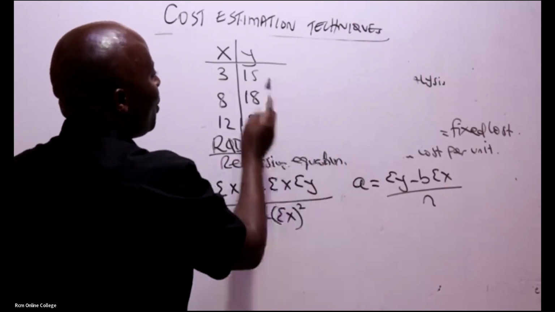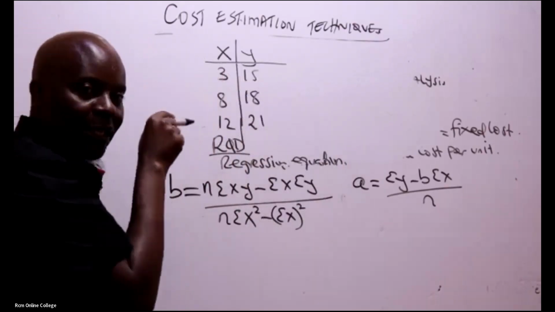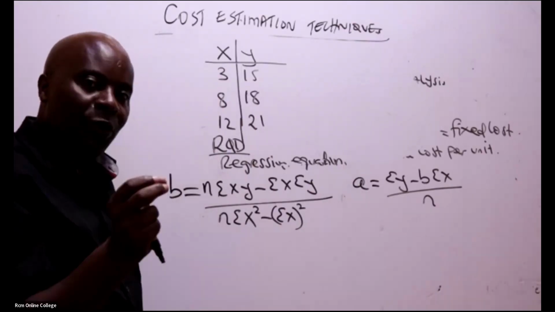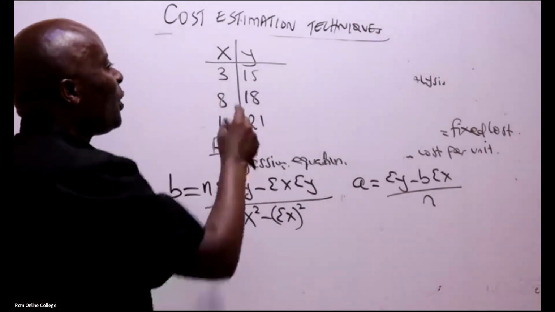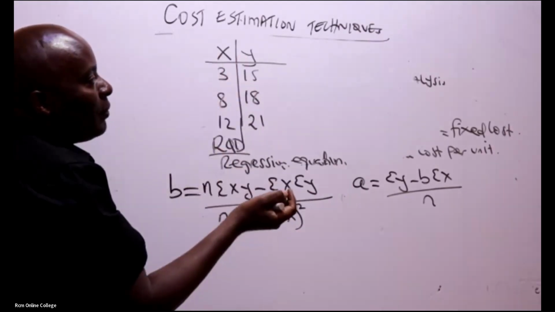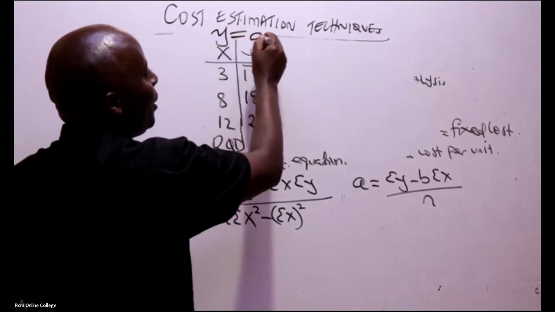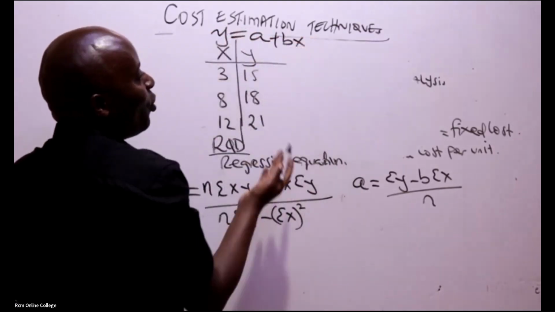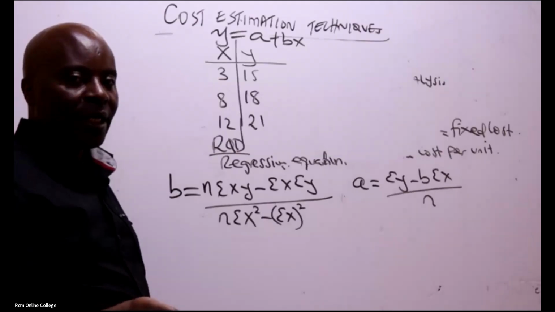You can see here we only have one predictor variable. So this is univariate. Remember, we have two types of variables: the dependent variable, which is y, and the independent variable, which is x. So here we can only come up with an equation, y equals a plus bx.